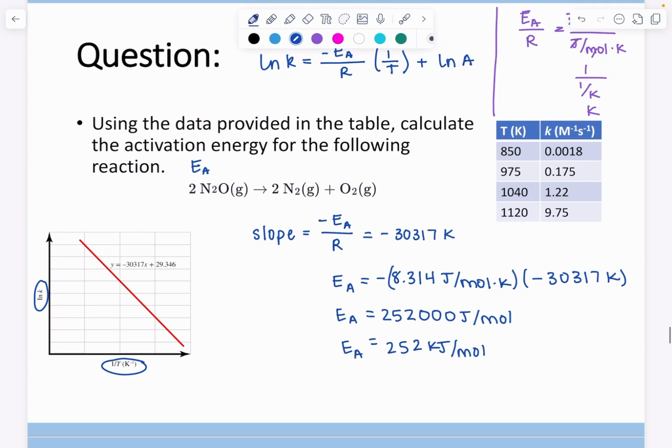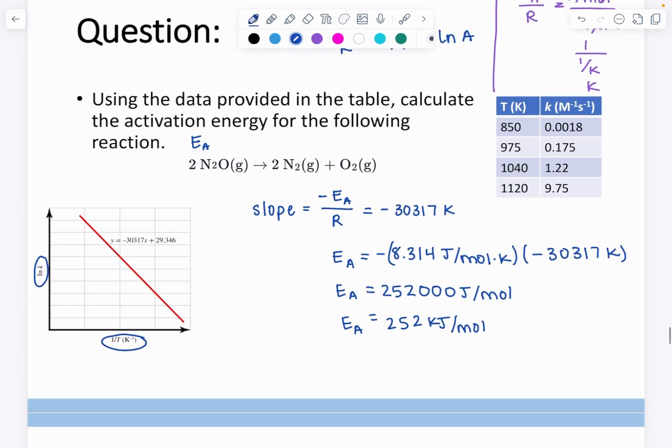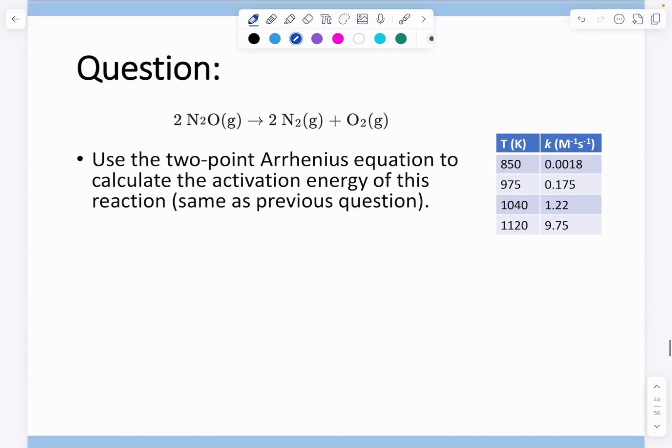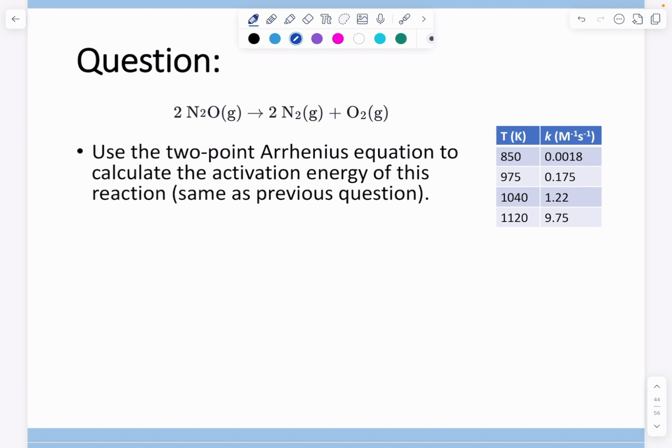To avoid having to plot data and find the slope, we can use this 2-point version. So we have the same data table, same reaction as 2 slides back, and we'll use the 2-point version to calculate activation energy.